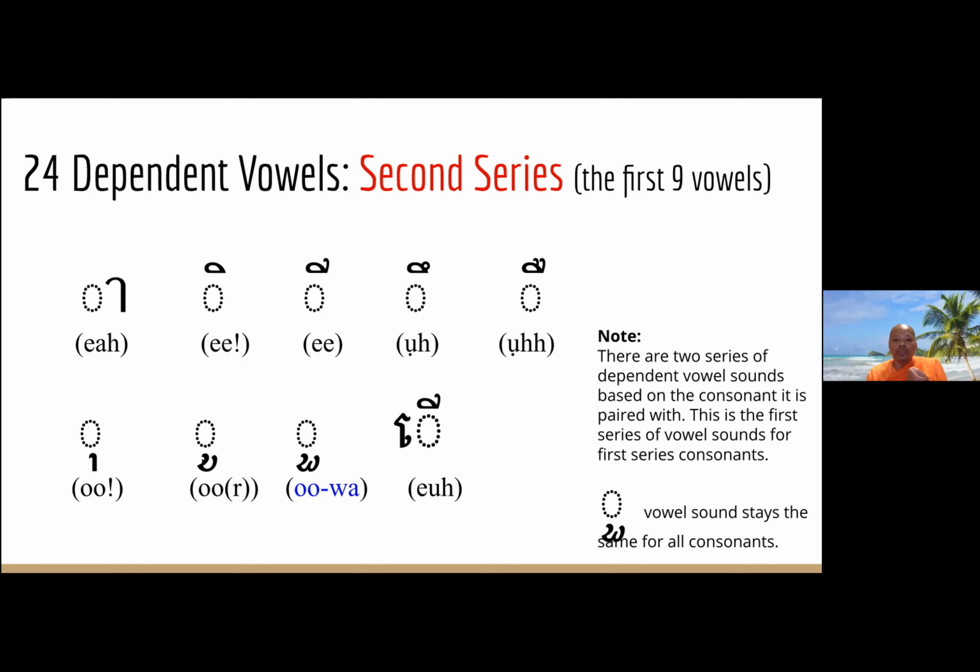And this one, sra u, does not change. No worry about this one. Whether it comes with a kosat or not, it doesn't change. Ko sra u, ku, and ko sra u, ku, the same thing.